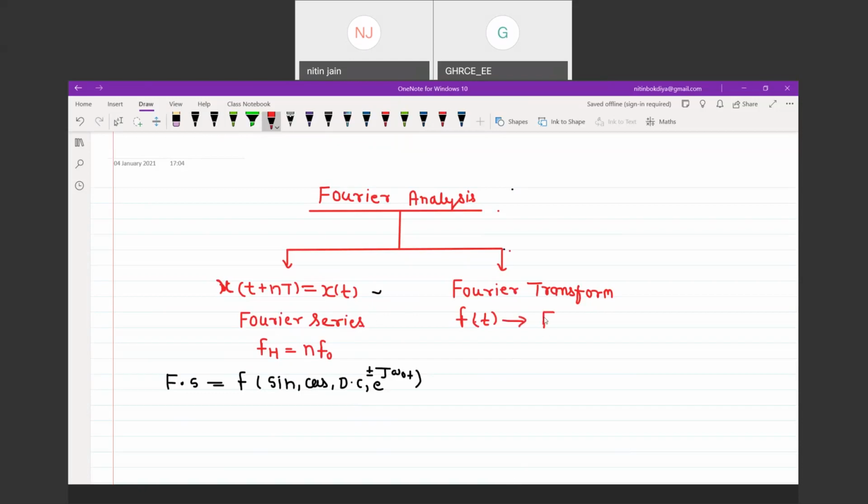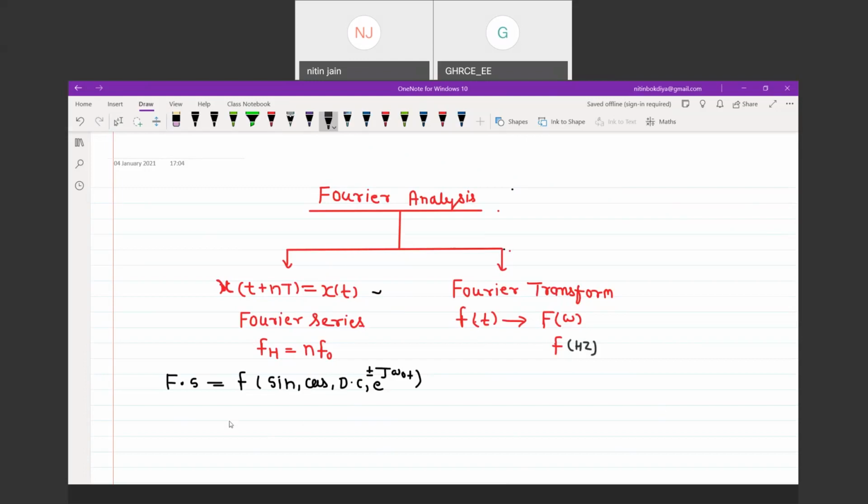And all Fourier domain variables are represented by capital F. You can represent this as frequency in hertz or frequency in radian per second. So these are two variants. Frequency in hertz is also fine. So one is the transformed domain, but the first one is the time domain.